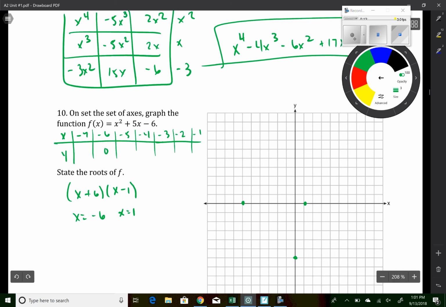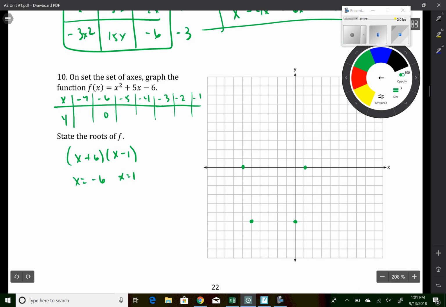I know how to graph this without the calculator, so let me just get some points here. Now, in looking at these graphs, I notice some weird stuff going on here. You got a negative 12 happening here. So your graph is going to actually look like this. It's going to go off the page a little bit, which is okay.